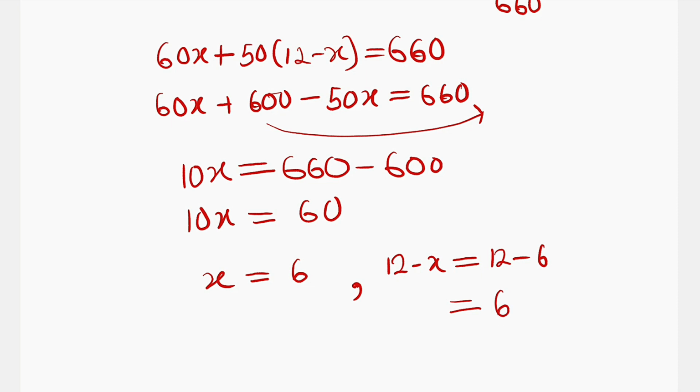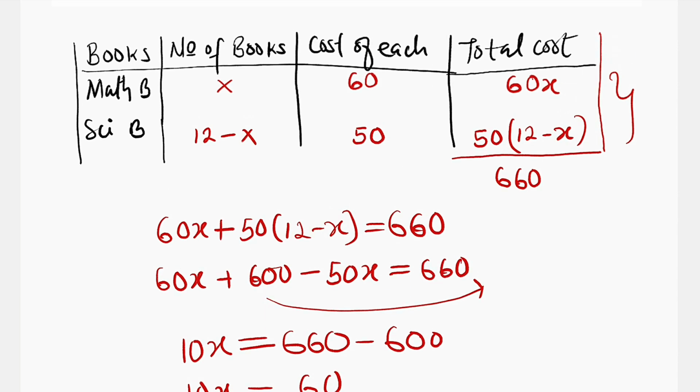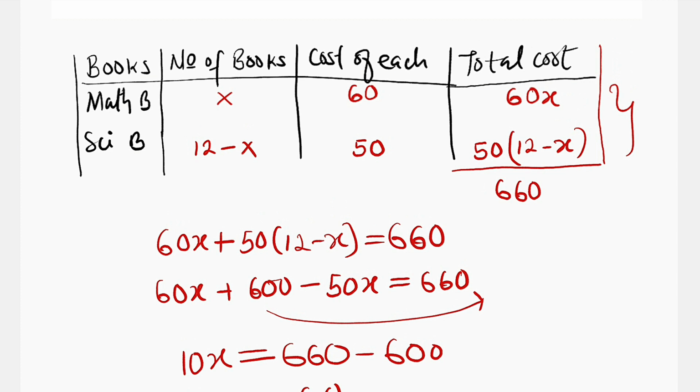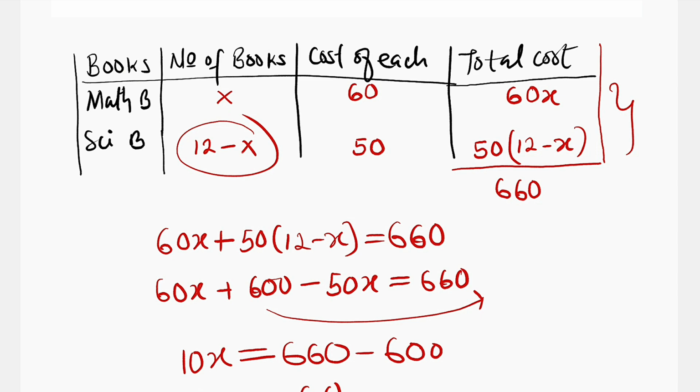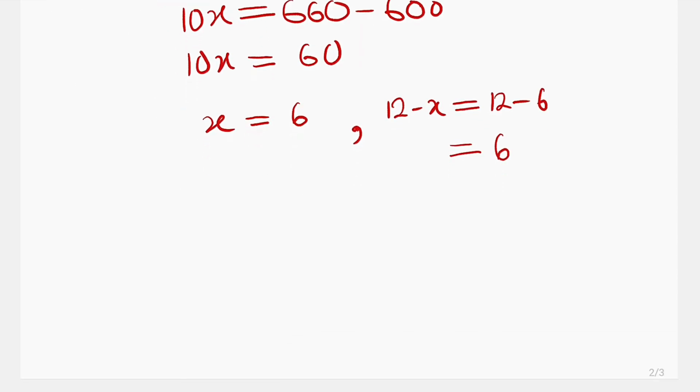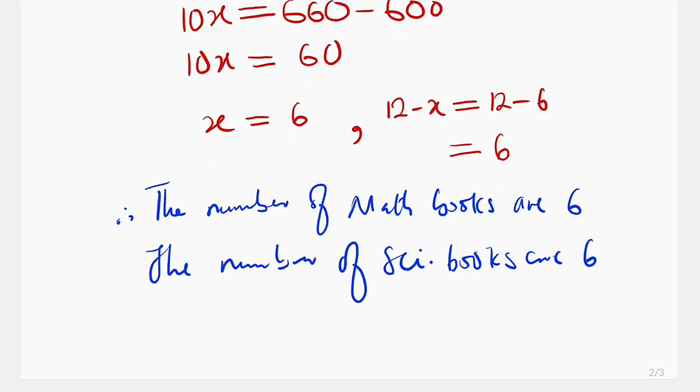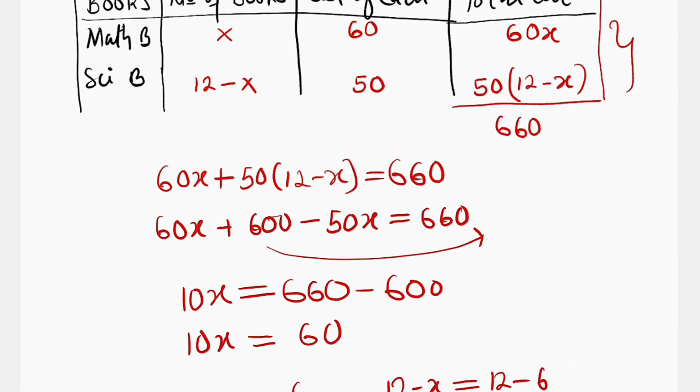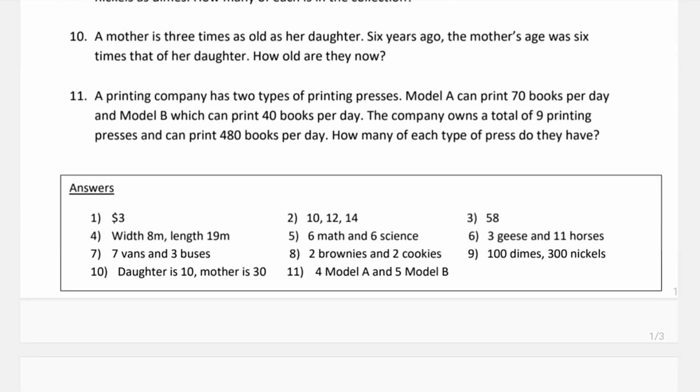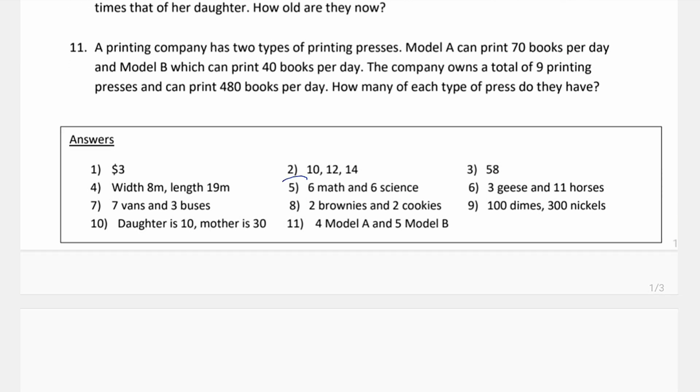So both x and 12 minus x are equal to 6, but x represents the number of math books, while 12 minus x represents the number of science books, and that is what the question is asking. Therefore, the number of math books is 6, and the number of science books is also 6. We even have the answers here: question number 5 has 6 math books and also 6 science books.